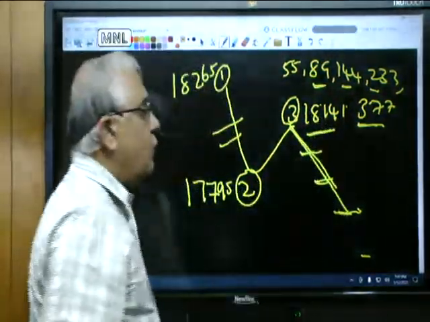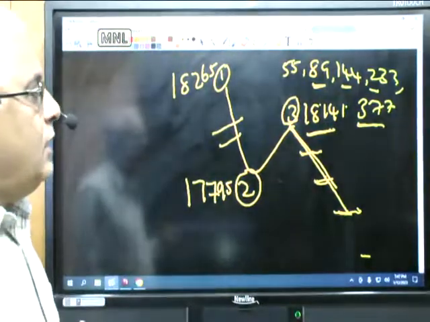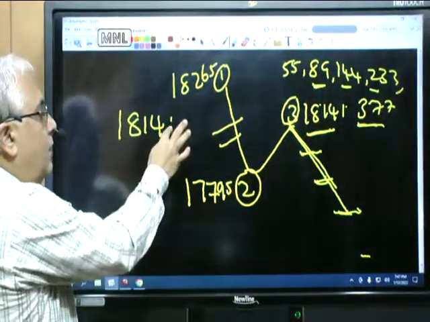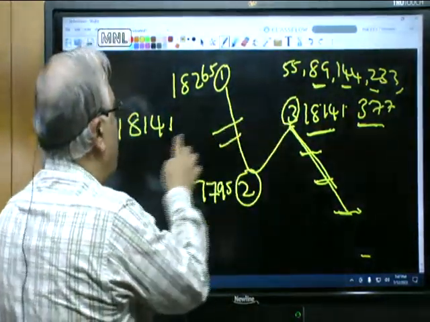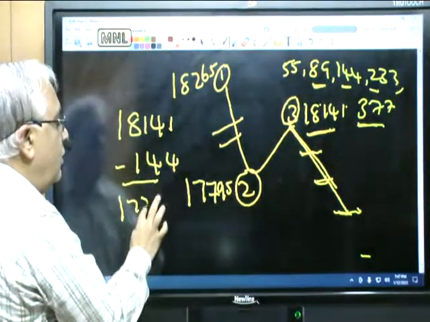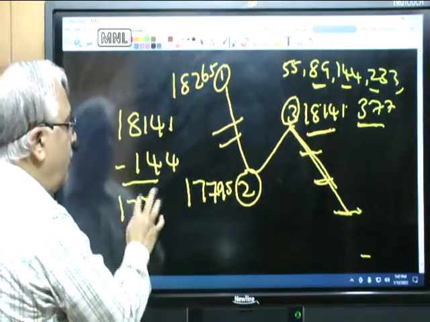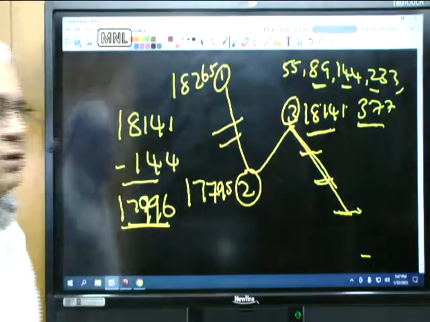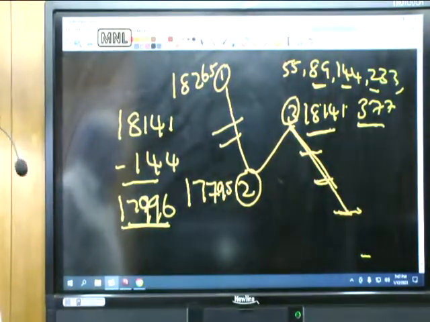18,141, I'm talking only about the numbers. Let us say you are using 144, so this becomes 17,996. The first number becomes 17,996.